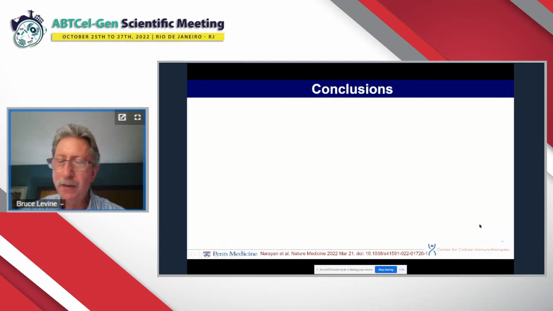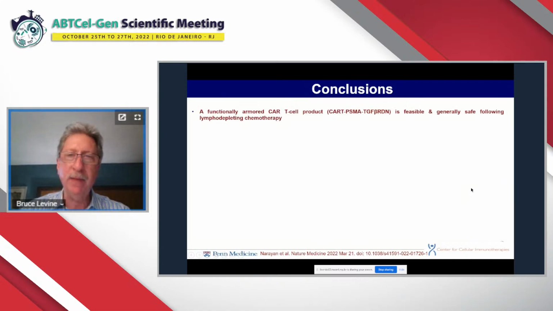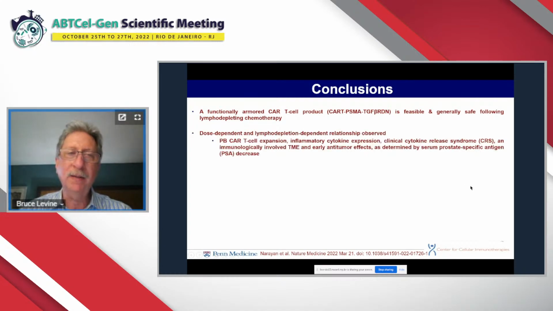Now, that one patient did have toxicity, cytokine release syndrome, that was resolving, but unfortunately the patient developed sepsis and passed away from that. But we do have evidence that this functionally armored CAR is feasible, generally safe, and we did do a dose adjustment following that toxicity.